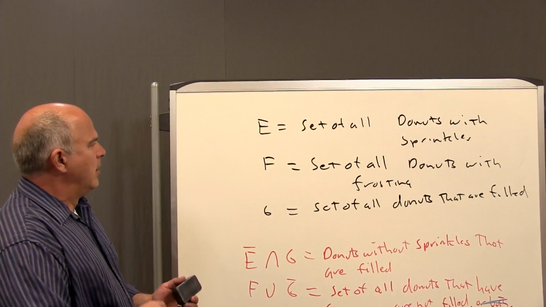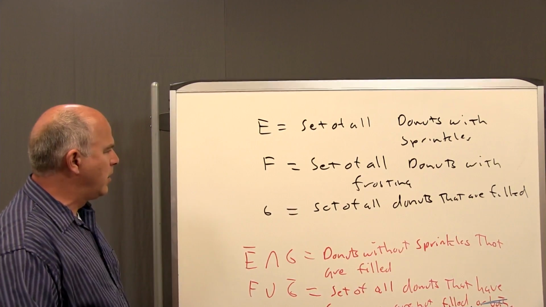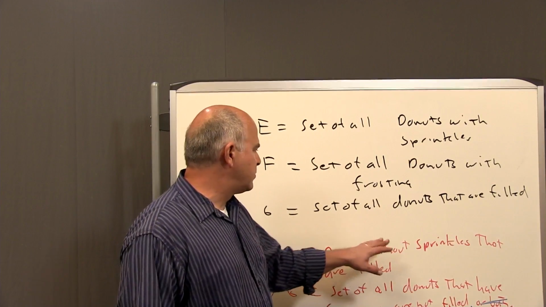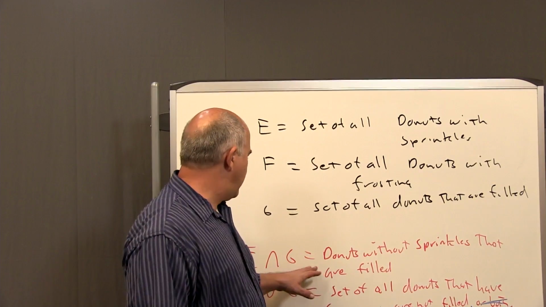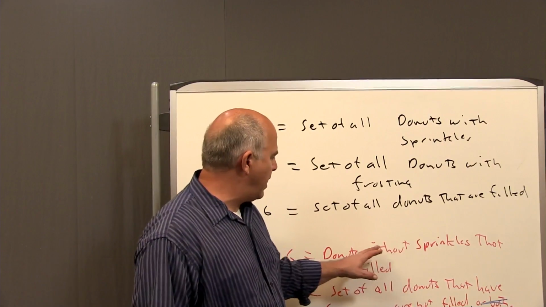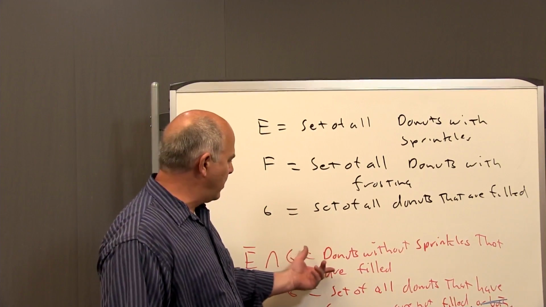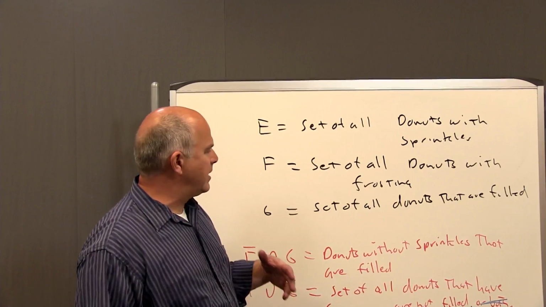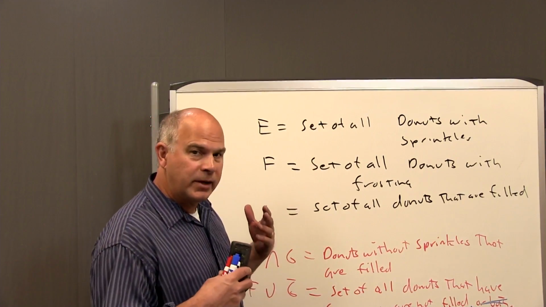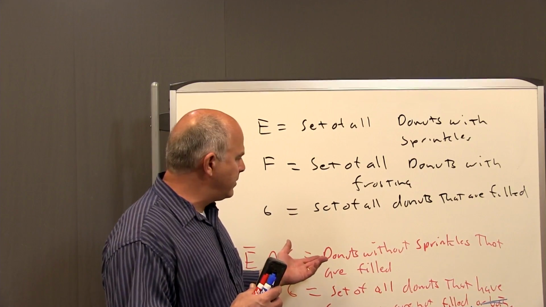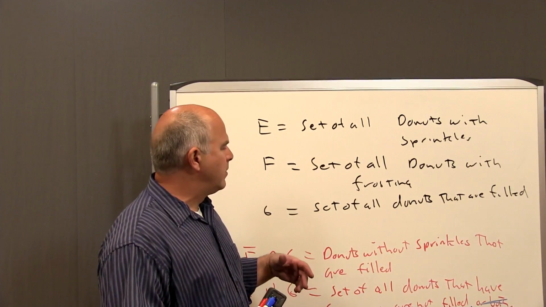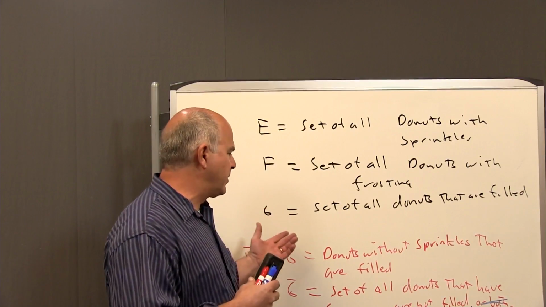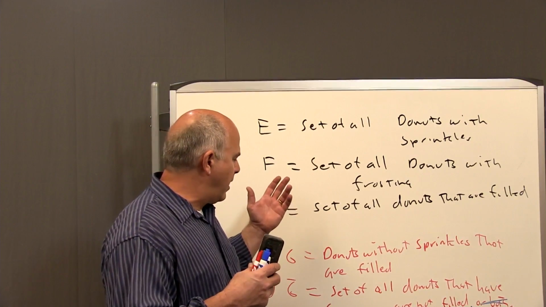Right? And coming back to this for a second: donuts with sprinkles that are not filled. I managed to avoid the and word in there because when you have the intersection, a lot of times you can describe things by just using two descriptors rather than saying these donuts that have sprinkles and are not filled.